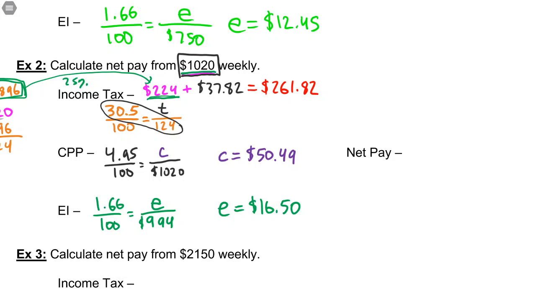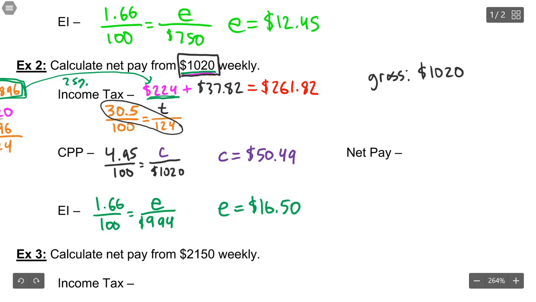So now let's calculate our net pay. So our gross, right, gross is your total. The gross pay is $1,020 per week. Then we're going to take away our tax. So minus the $261.82 for tax.